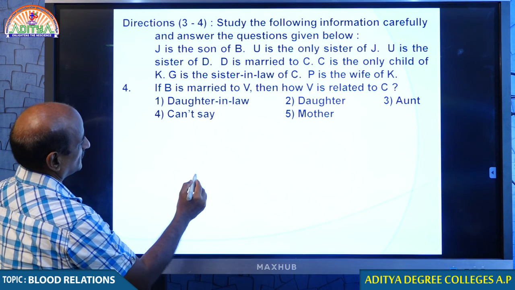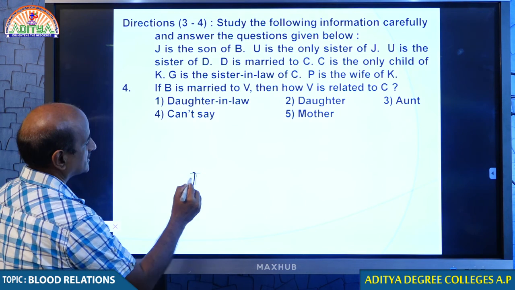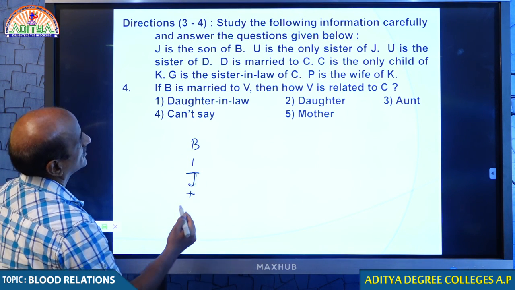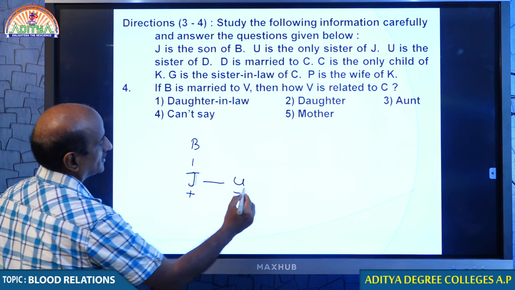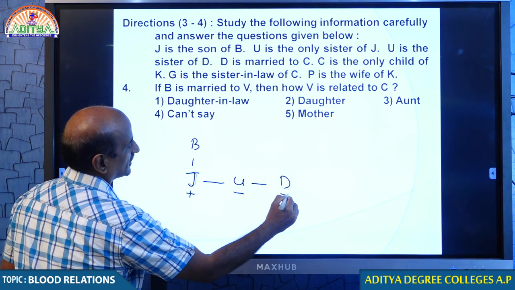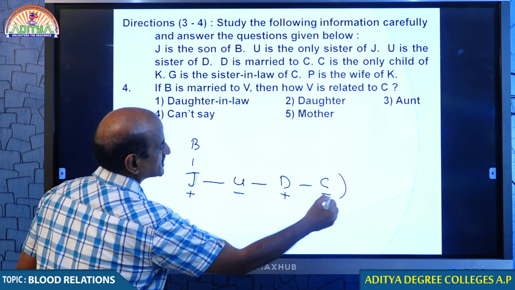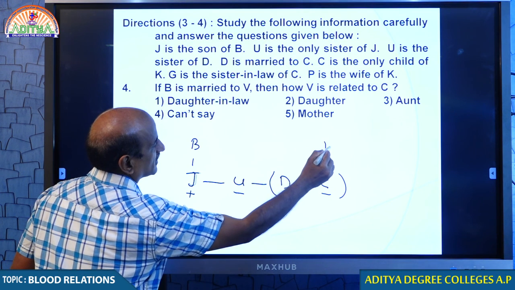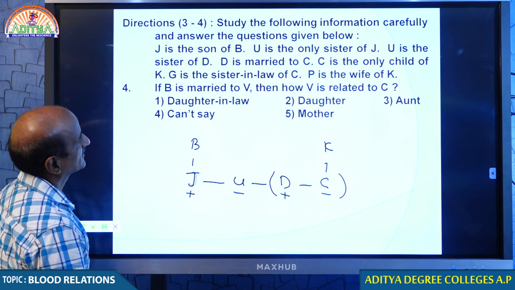J is the son of B. U is the only sister of J. U is the sister of D, so D should be male. D is married to C. C must be female because D is male. C is the only child of K. It is only given as child, therefore the gender of K is not known.